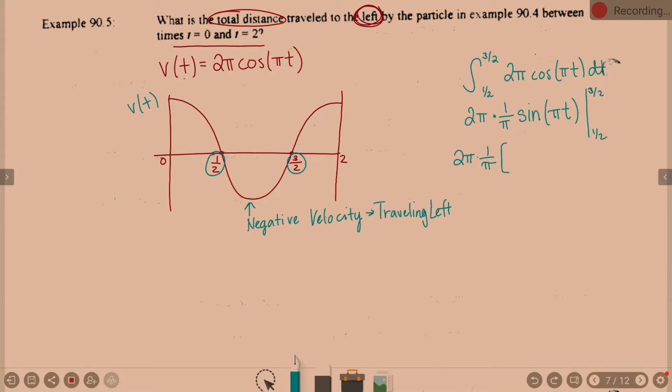Sine of pi t is going to be sine of 3 pi over 2 minus sine of 1 pi over 2. So I'm plugging in my 3/2 and my 1/2. 2 pi times 1 over pi is just going to be 2.